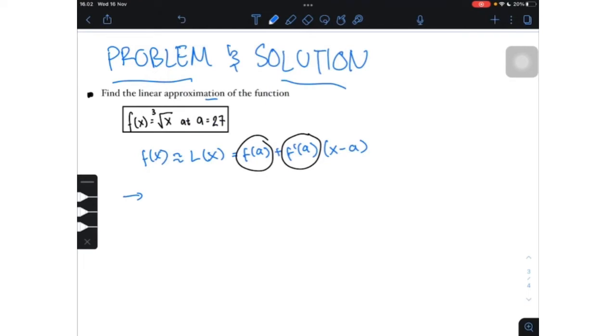Okay, so the first one, I want to find the slope, which is f prime of a. F prime of x will be d divided by dx of x to the 1 over 3. It will be 1 over 3 times x to the minus 2 over 3, because 1 over 3 minus 1 is minus 2 over 3.